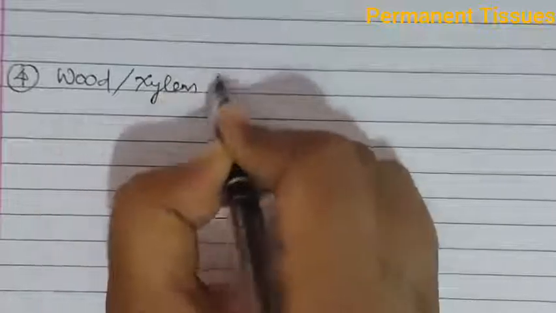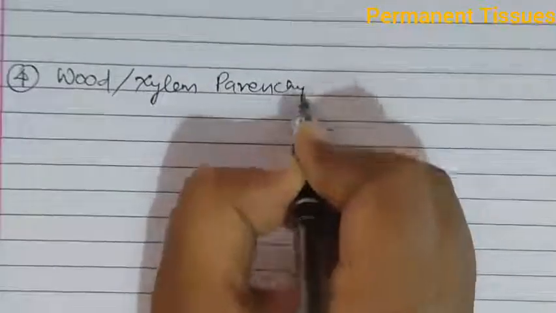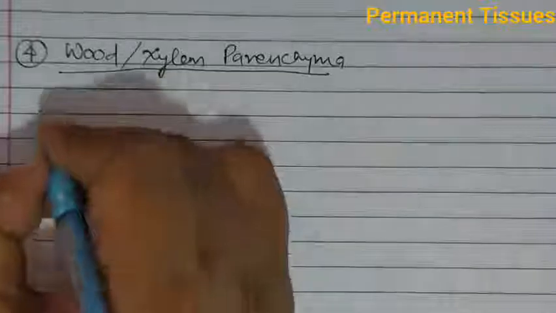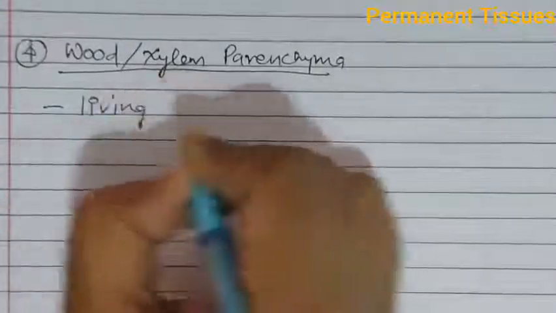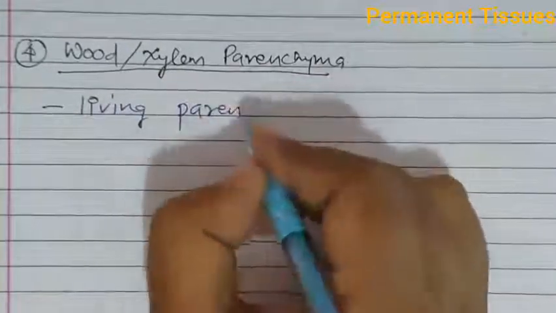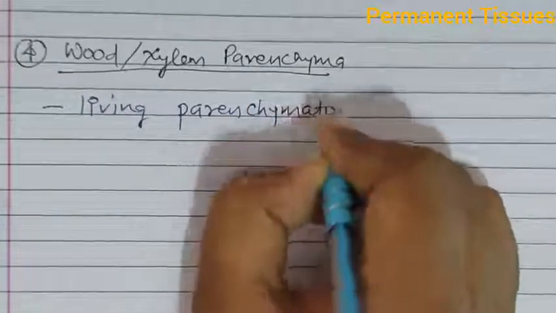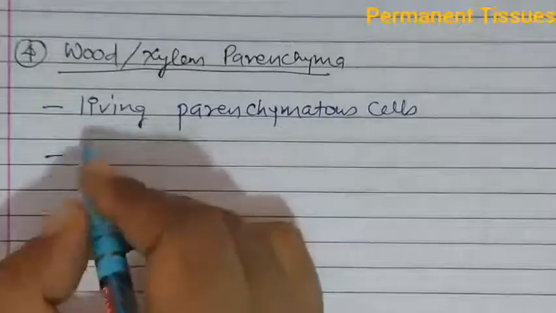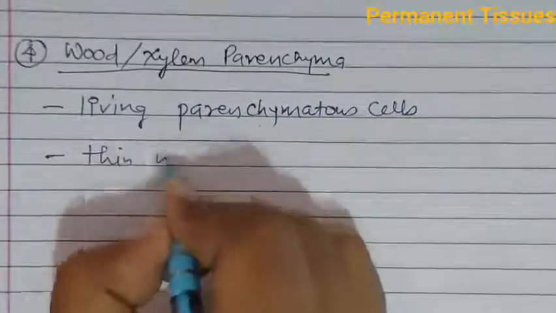So that is all about the xylem fiber, and now we are talking about the fourth component, that is wood or xylem parenchyma. When we talk about wood or xylem parenchyma, they are living parenchymatous cells, and they are found associated with the xylem. They are living, so they have a thin wall.